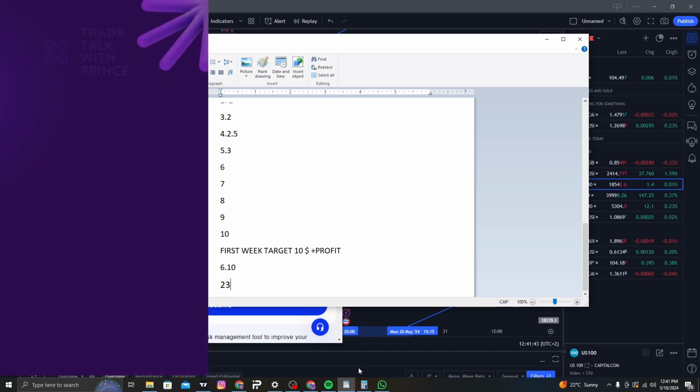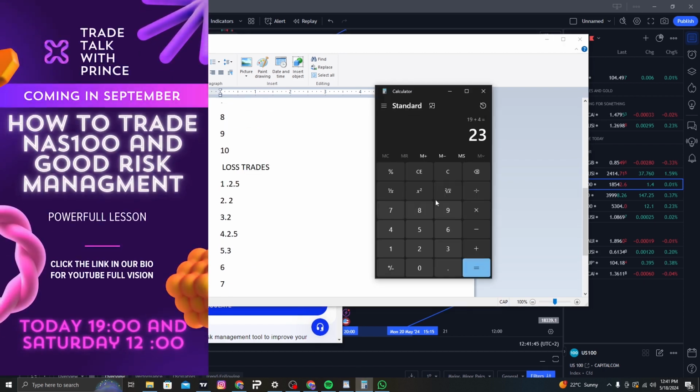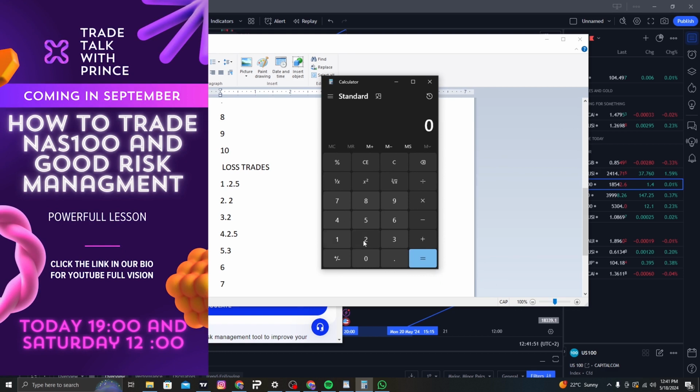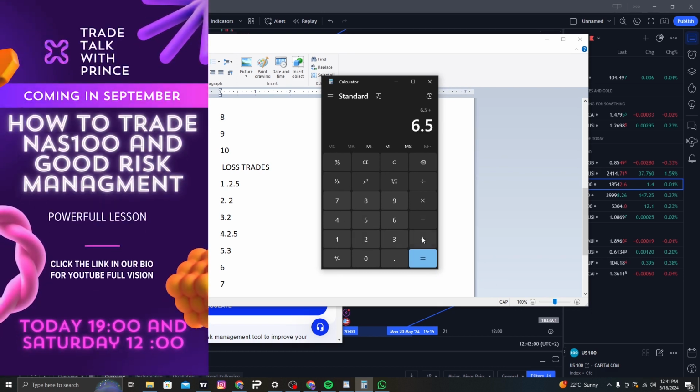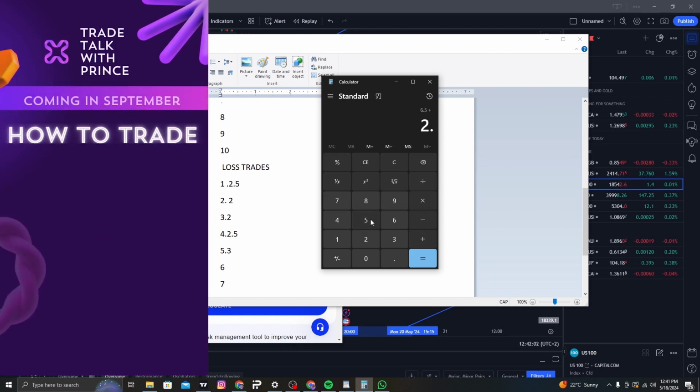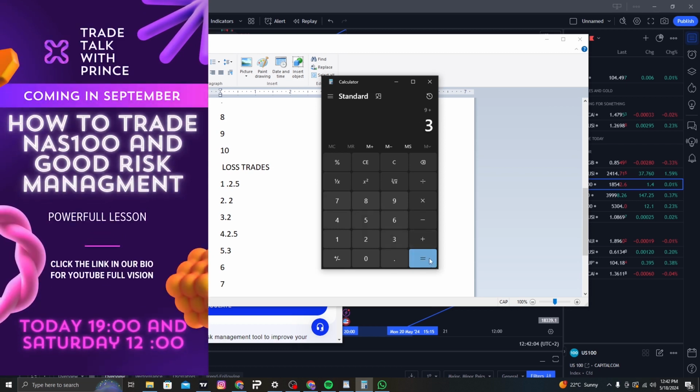Now you calculate your losses. Don't forget, you lost. You see, I'm making this as realistic as possible, because I know no one is going to win all his trades, right? You lost 2.5, plus you lost $2, plus you lost another $2. You lost 2.5 again, and your last one you lost $3.